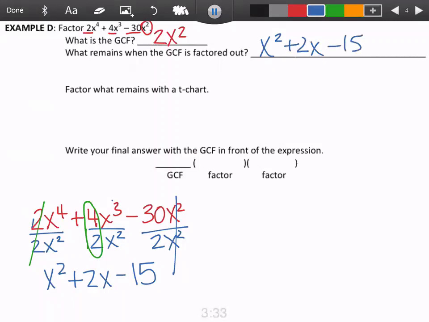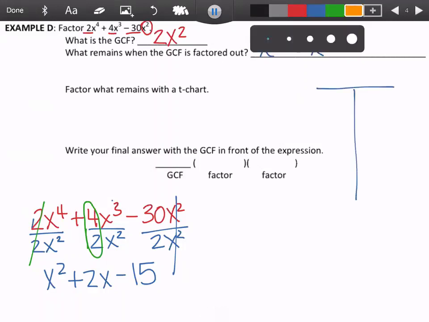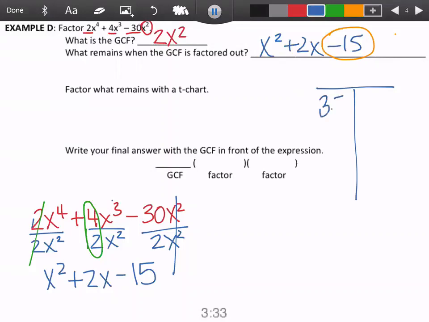And again, we're going to factor what remains with the t-chart. So we're looking for factors of the very last term here, negative 15. So you want two numbers that multiply to negative 15. Well, I know 3 times 5 gives us 15. So to get a negative 15, one of them has to be negative. Negative 3 times positive 5.